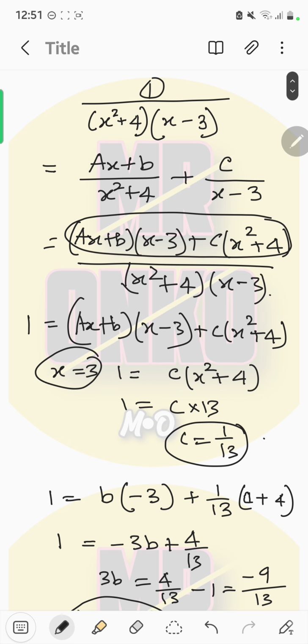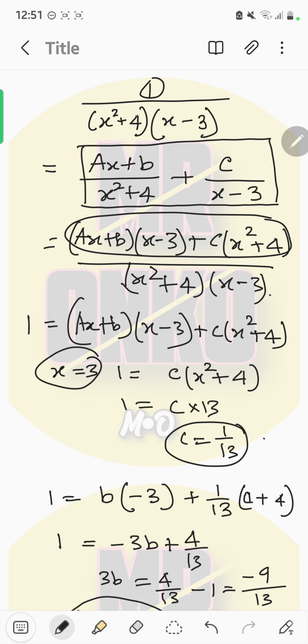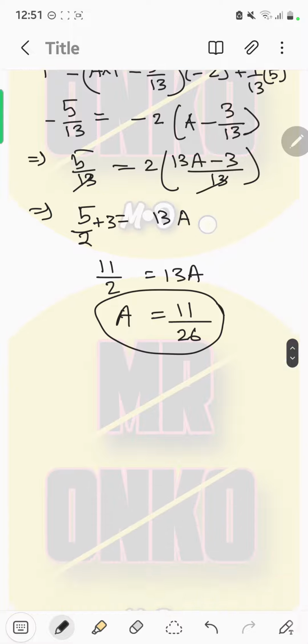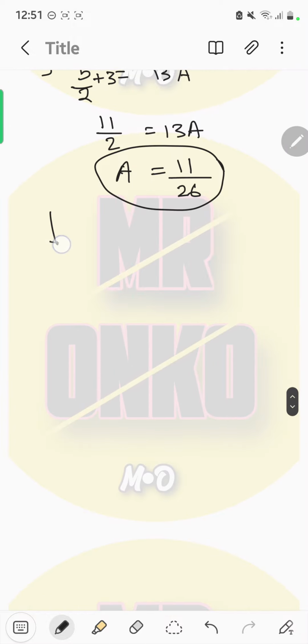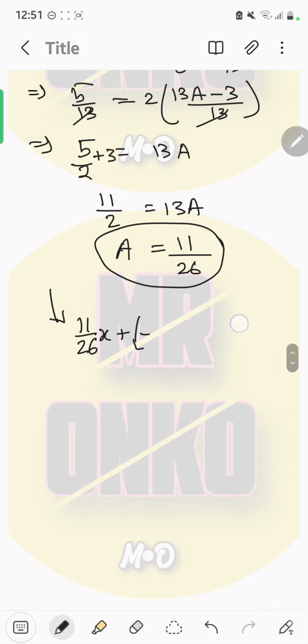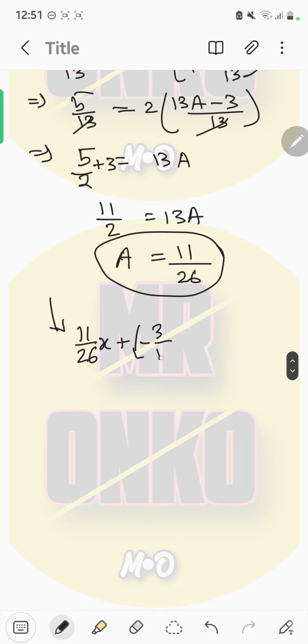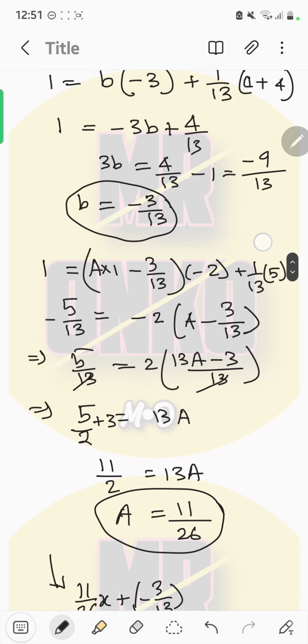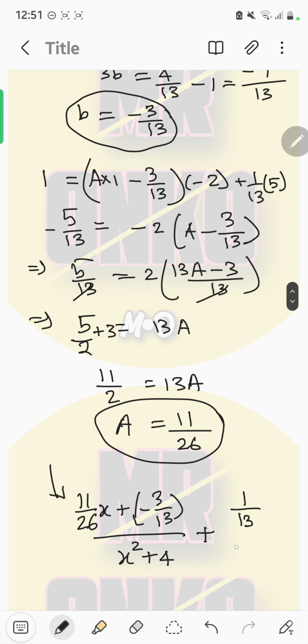Now we will put these values here, and we will get the partial fraction expression. So the expression will be 11 by 26 into x plus b, that is minus 3 by 13, divided by x squared plus 4, plus c, that is 1 by 13, divided by x minus 3.